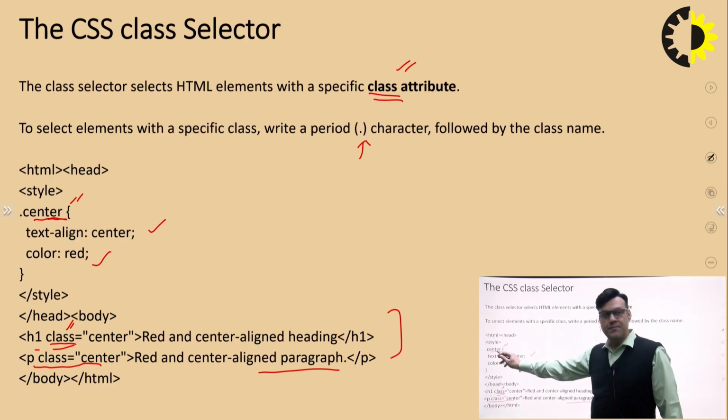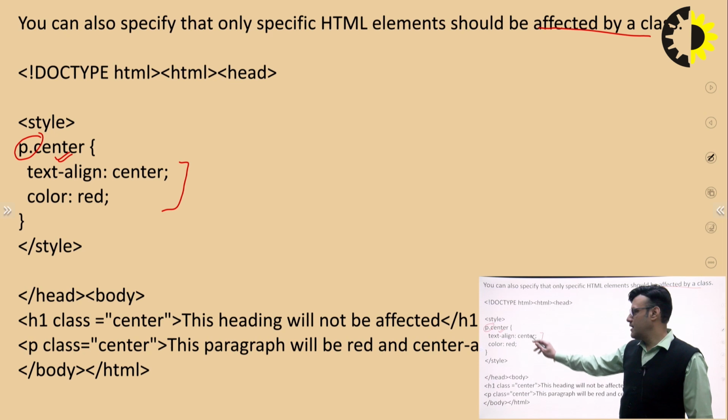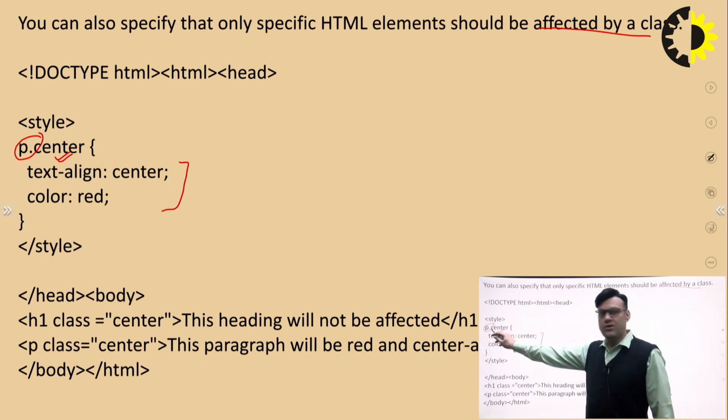In the previous example, I used the class dot center, and this class's properties were reflected on the H1 heading and paragraph. But in this example, the class will be reflected only on the specific element, and that is the paragraph element. P dot center. If I write here H1 dot center, then it will be reflected only on heading H1, okay?